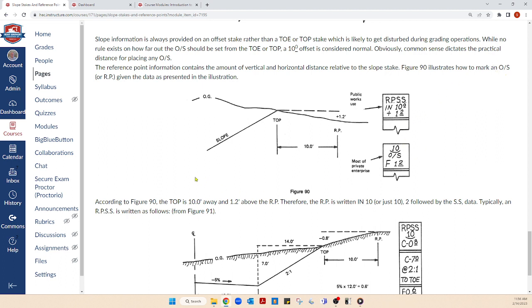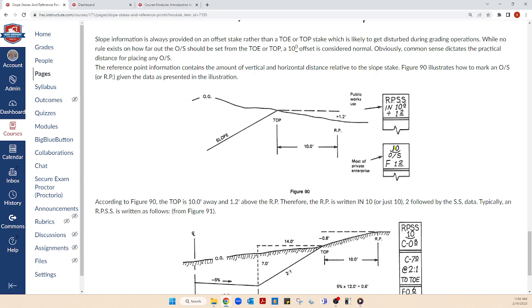According to figure 90, the top is 10 foot away, reference point to slope stake. I want you to put it in 10 feet, and I want it 1.2 higher than I am.